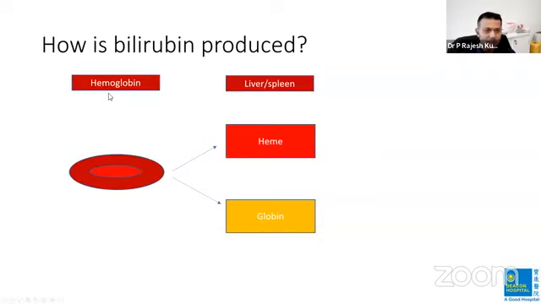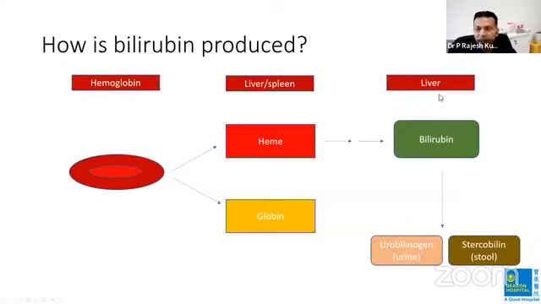As the name states, hemoglobin, right? So this is the protein part of it. This is the pigment part of it. The pigment is what gives the red blood cell its color. All right. So the hemoglobin is broken into heme and globin. And the heme component is further broken down by the liver into bilirubin. Okay. So bilirubin comes from the red blood cell.